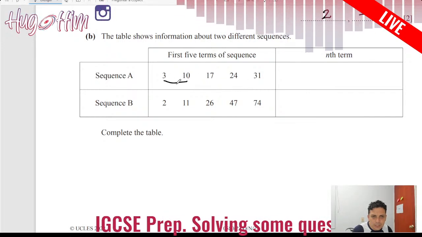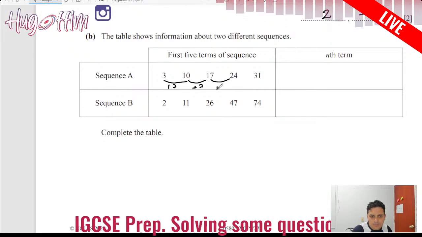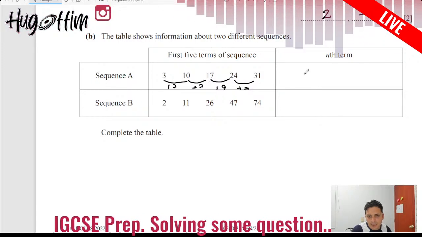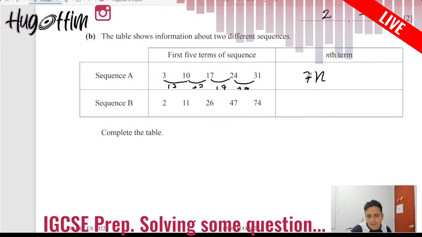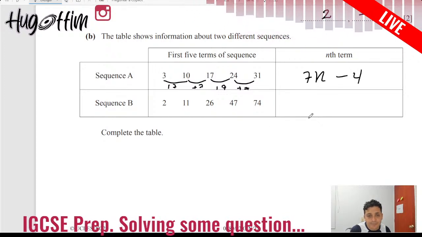Here I'm just adding 7, right? And 24. Yes, I'm adding 7. So as I'm adding 7, this is 7n. The nth term is 7 times 1 is 7, but I need 3, so I have to subtract 4.